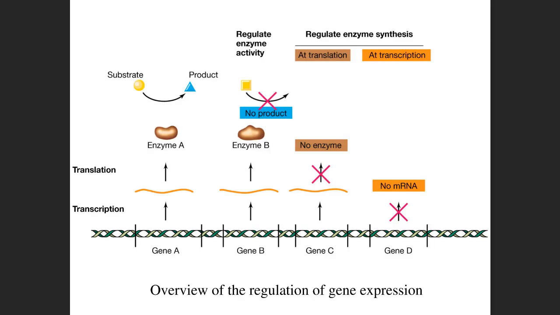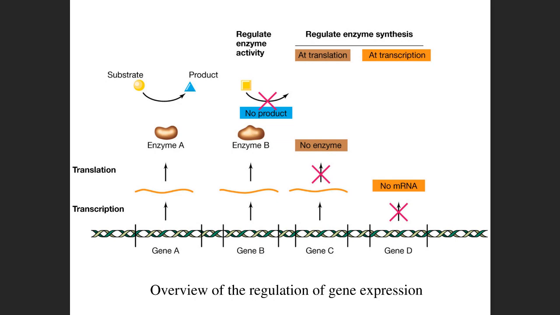So now we can come back to where gene expression can be regulated. What are the regulation points? So here, if you look at gene A as an example, gene A is fully expressed, meaning it is transcribed, translated to make enzyme A, and the enzyme then can carry out the enzymatic reaction.